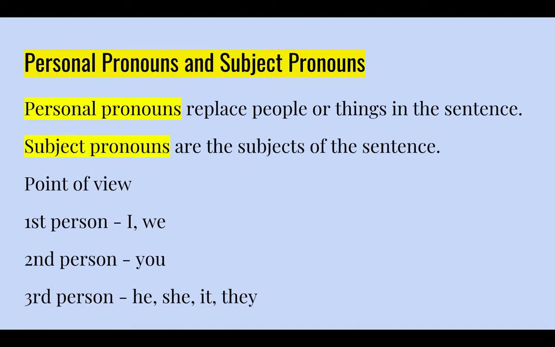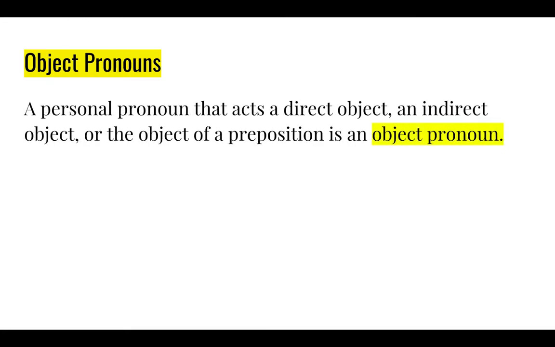Okay, now here's the big thing. When we switch to object pronouns, even though we might be referring to the same person, those pronouns are going to change, because subject pronouns are the types of words we use at the beginning of a sentence, but object pronouns would be towards the end of a sentence. Because object pronouns can be the direct object, an indirect object, or an object of a preposition.